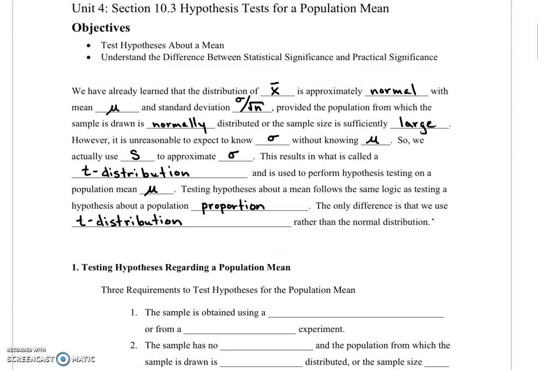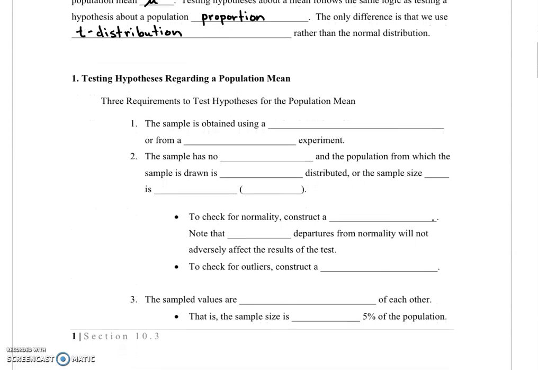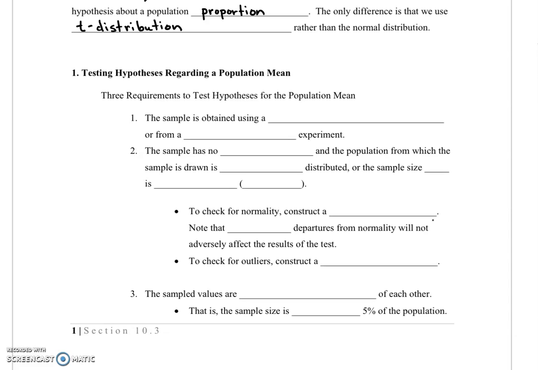So how does that change things? Only a little. We still have 3 requirements. The first requirement is that the sample is obtained using a simple random sample, or from a randomized experiment.